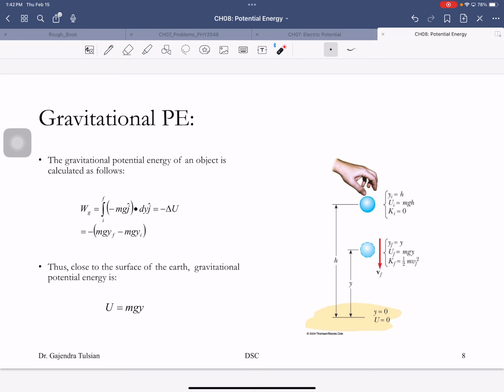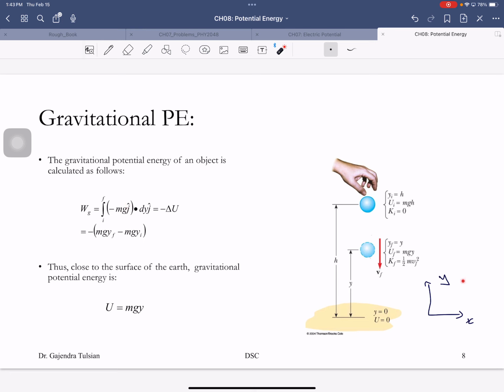All right, so this shows you the derivation of the gravitational potential energy to be that, okay? So the work done by gravity is the gravitational force, and here is the displacement. Okay, so in this formula, your x-axis is this way, y-axis is this way. The gravitational force is minus mg j.